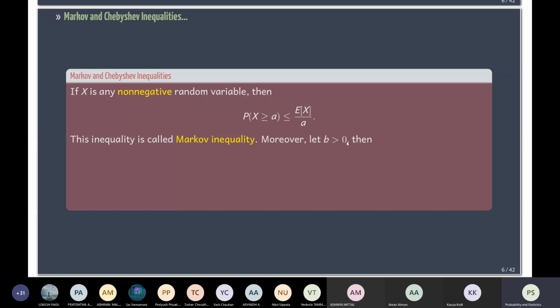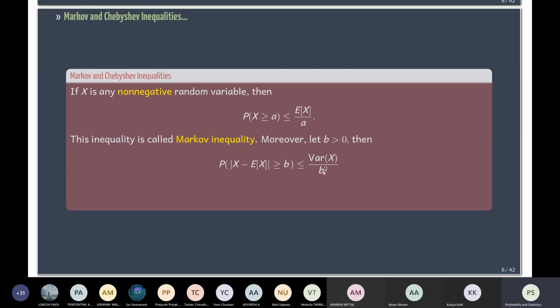So moreover, let b be greater than 0, then we are moving to some other variant now, Chebyshev. Okay, so this was the Markov. If b is greater than 0, then if you want to estimate something like this, the probability that |x minus expectation of x| is greater than or equal to b, then this is bounded by variance of x divided by b square.